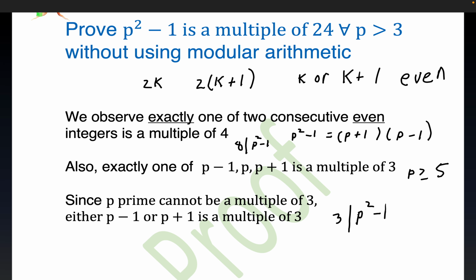So we have 3 dividing p squared minus 1 and 8 dividing p squared minus 1. That implies that 24 divides p squared minus 1. This time I'll wrap it in parens. Okay? And we'll say QED.